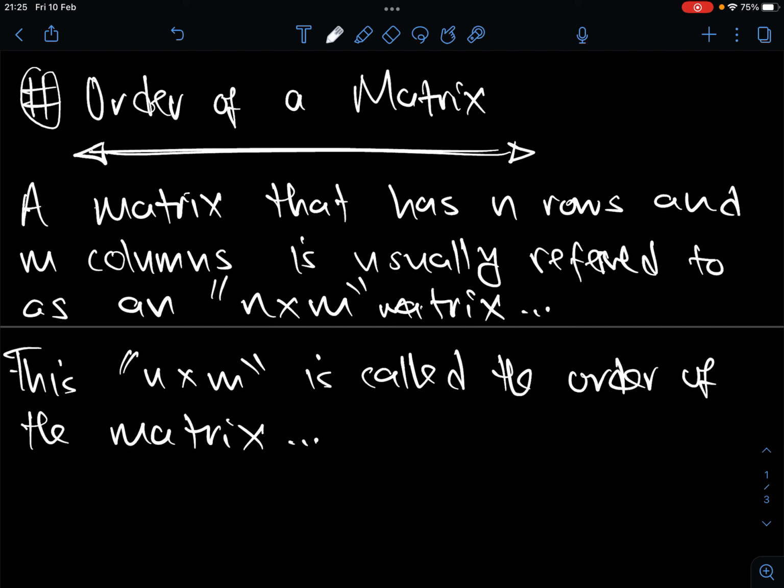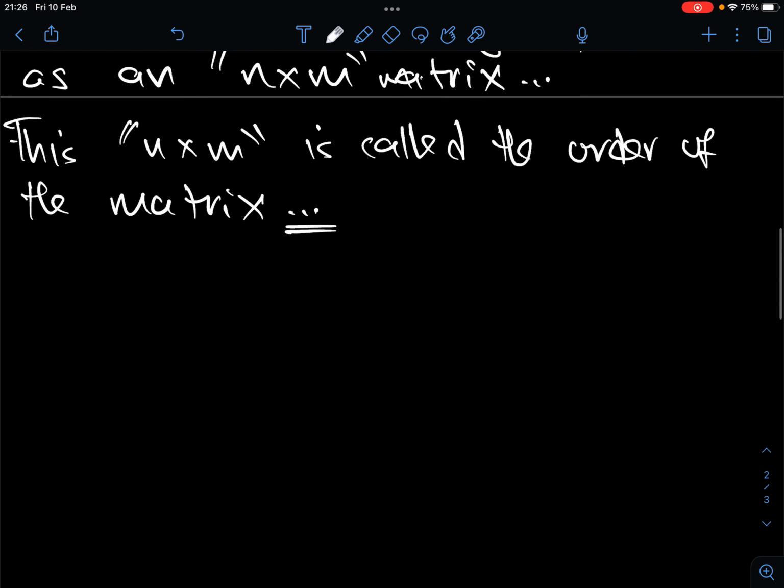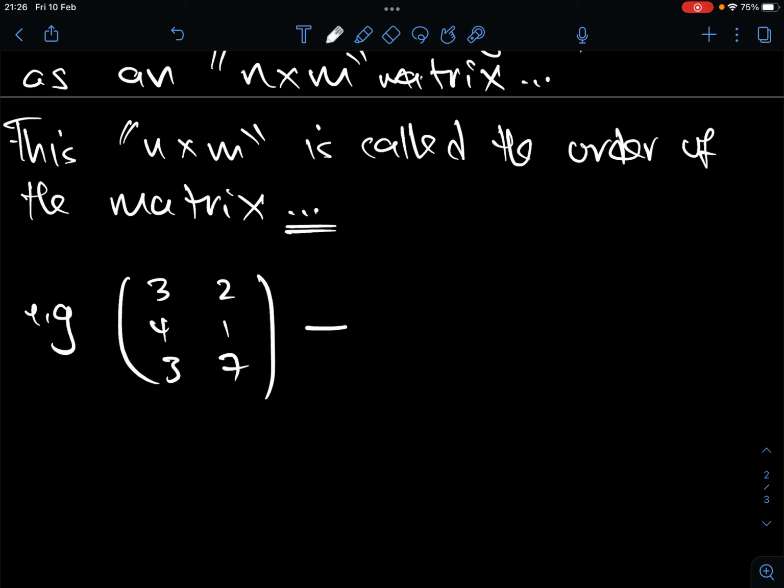You see that? So this thing, which is more like a product, which is not necessarily a product, but gives us an idea of how many rows and how many columns a particular matrix has, we refer to as the order of that matrix. So for example, if you have a matrix such as this one, 3, 4, 3, 2, 1, 7, then this matrix is called a 3 by 2 matrix.